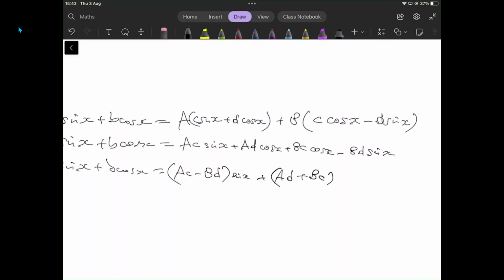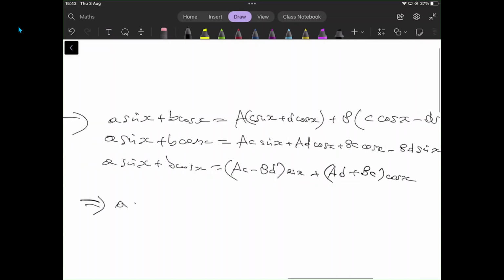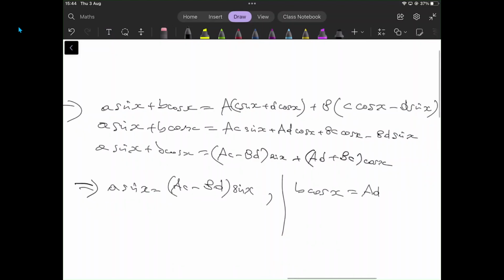And then from this we'd infer that a sine x equals (capital A lowercase c minus capital B lowercase d) sine x, and also that lowercase b cosine x equals (capital A lowercase d plus capital B lowercase c) cosine x.